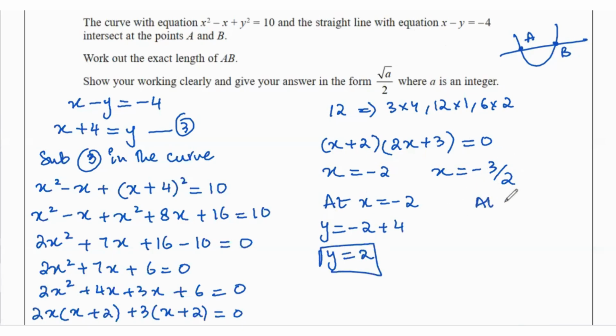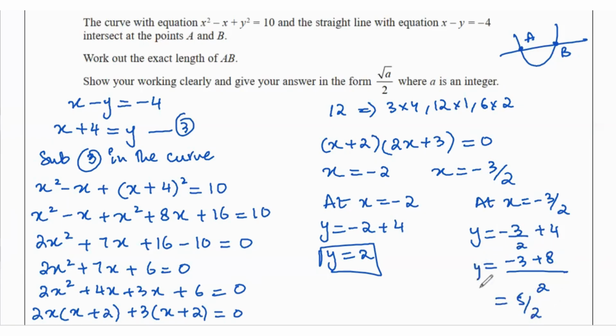At x equals negative 3 over 2, y equals negative 3 over 2 plus 4, that's negative 3 plus 8 over 2, which is 5 over 2. Which means point A is (negative 2, 2), and point B is (negative 3 over 2, 5 over 2). Now we have to work out the exact length of AB.